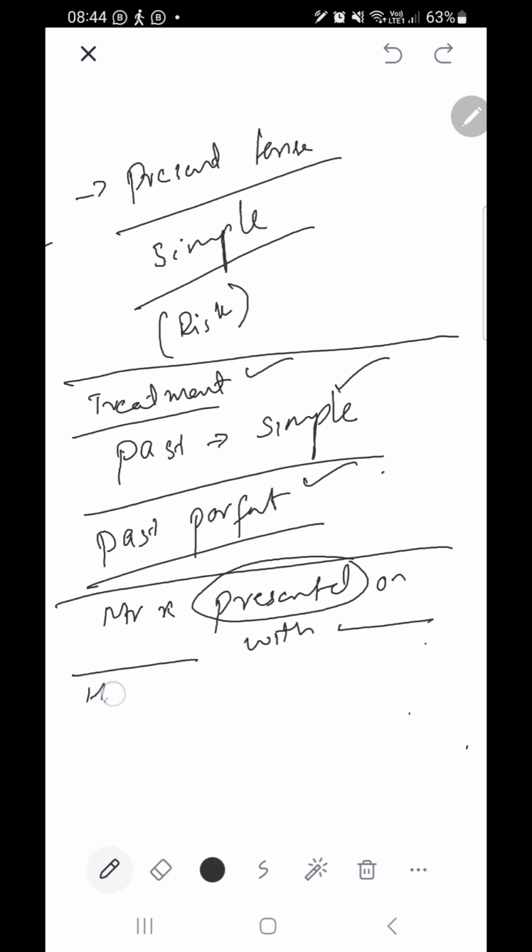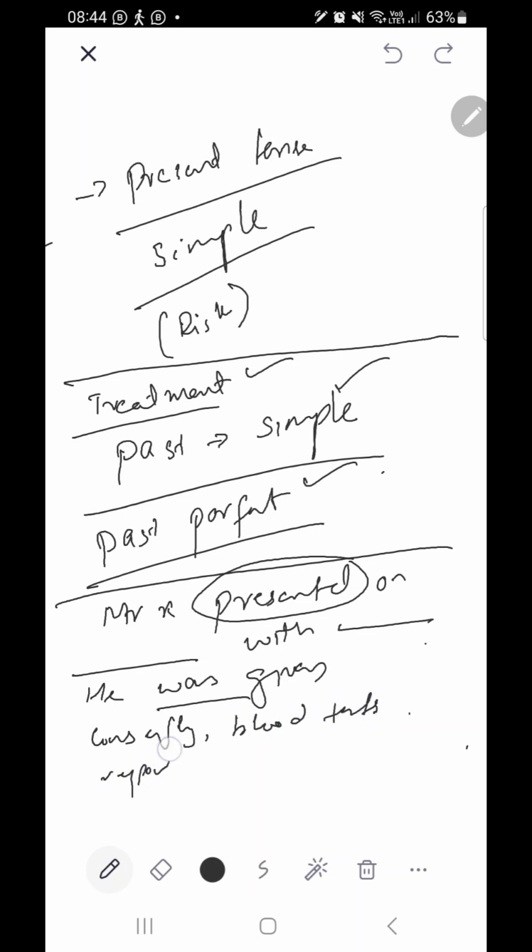Then he was given, past simple tense, or consequently blood test reports were ordered. Again past simple. So you can see the most common things that we use. He was advised.